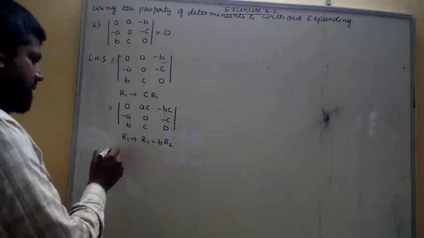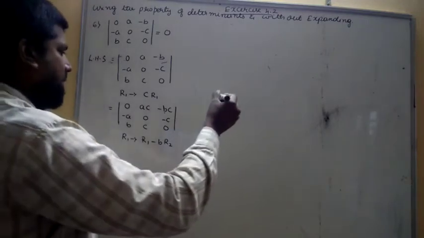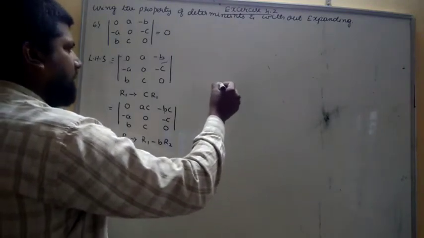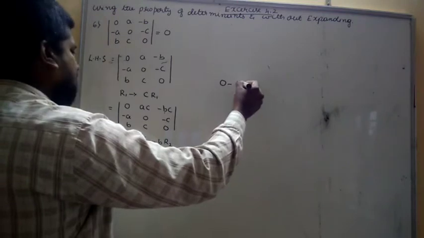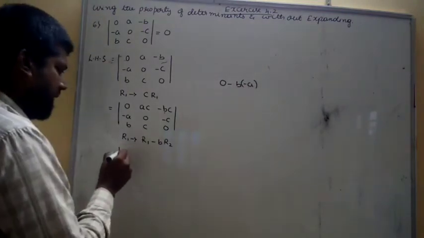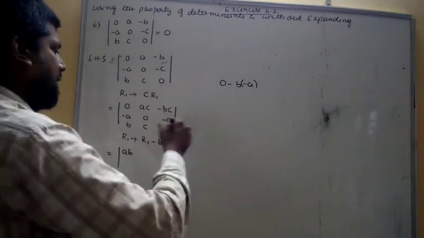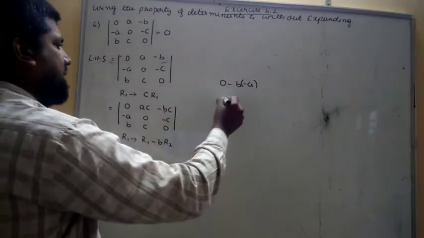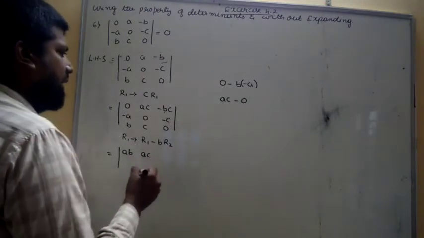Then what happens? So I have to multiply. So 0 minus of B into minus A, so row 1 first element becomes AB. Then the next element is AC minus 0, so we are getting AC only.